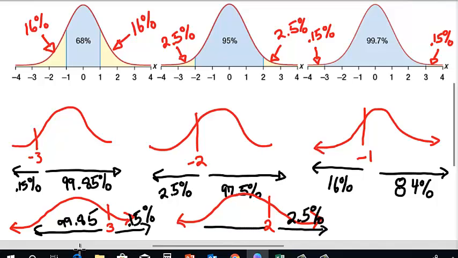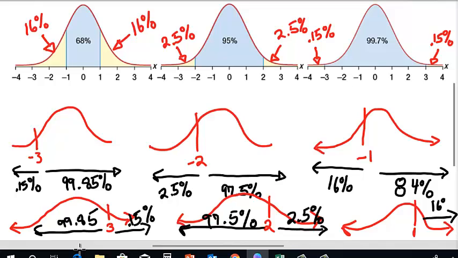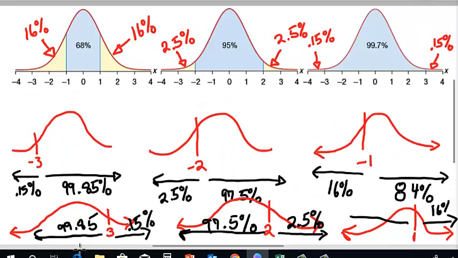And then to the left, we're going to have 97.5%. And then lastly, again, this is the case done in example 316b. If we're at 1 here, I'm going to have 16% above and 84% below. All right, so those are the cases we have.